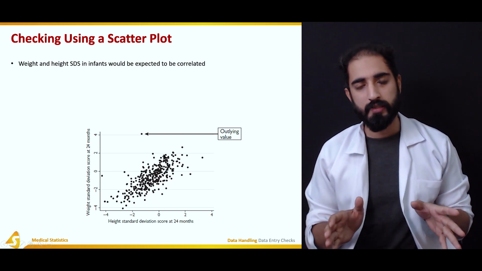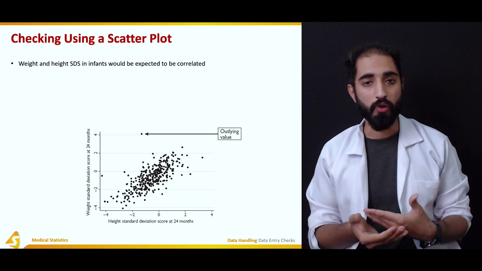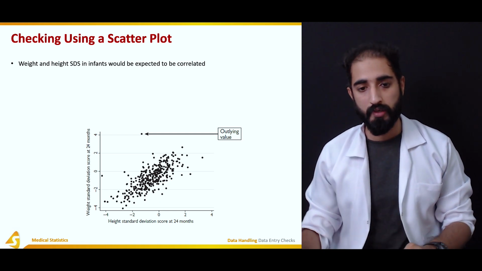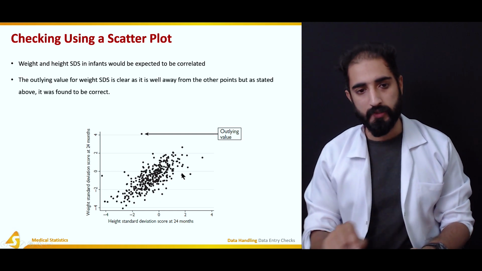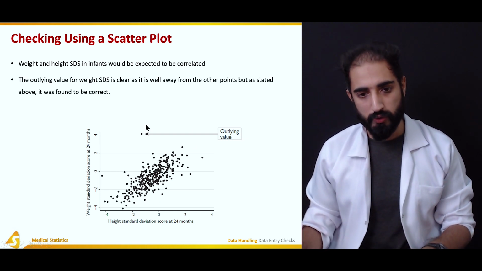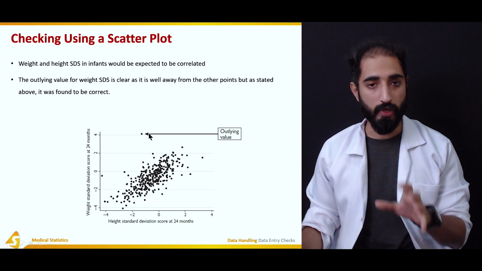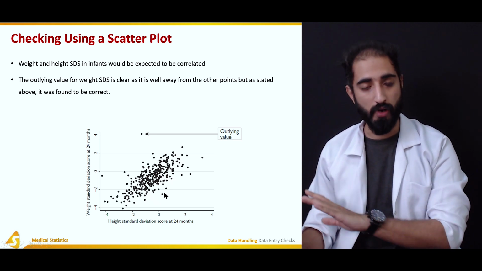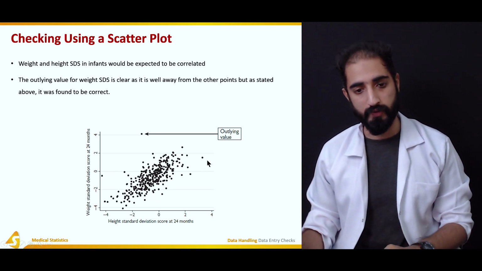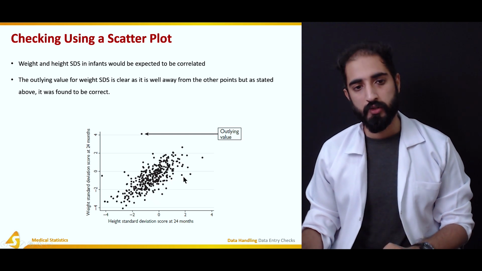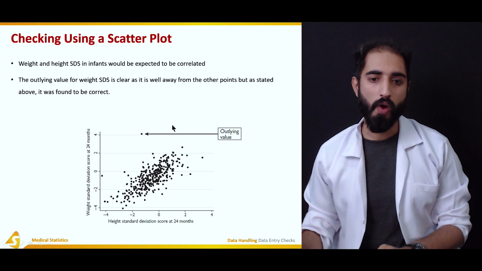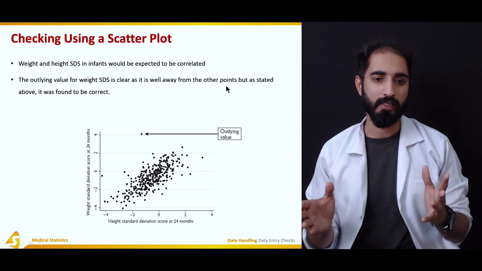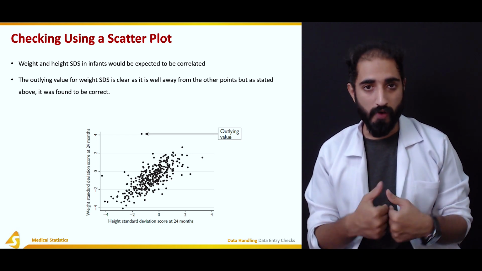It is expected that these two should be correlated, and the data also shows the same. But this one dot here is pretty much an outlier because it is remarkably far from all of the other data entries. The outlying value for the weight is clear, as it is well away from other points, but as stated above, it was found to be correct.